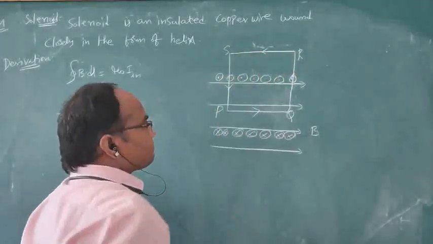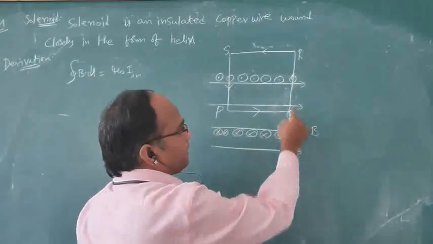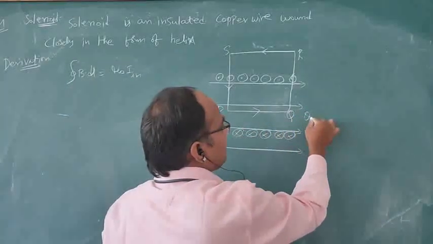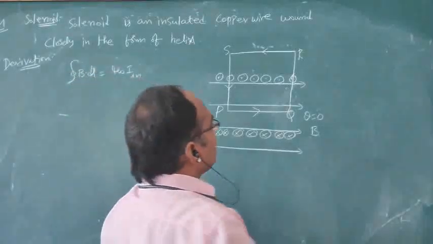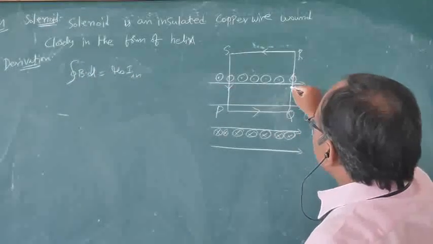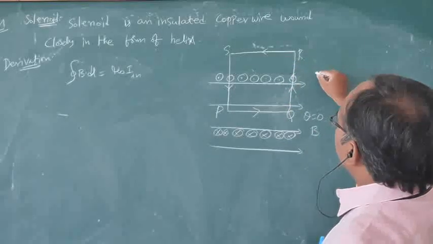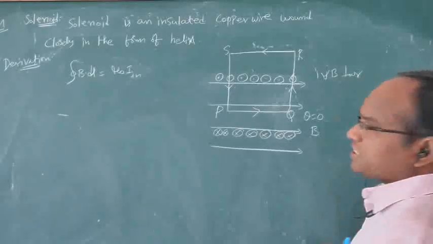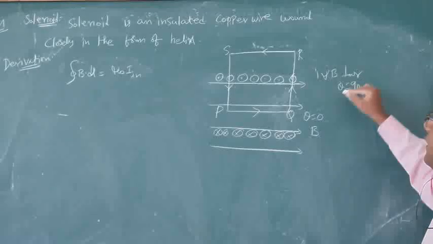Now for this one I am naming this as P, this as Q, this as R and this as S. The current as well as the magnetic field are both parallel to each other. Therefore for this one theta is equal to 0. Here the current and magnetic field are perpendicular to each other. Perpendicular means theta is equal to 90.